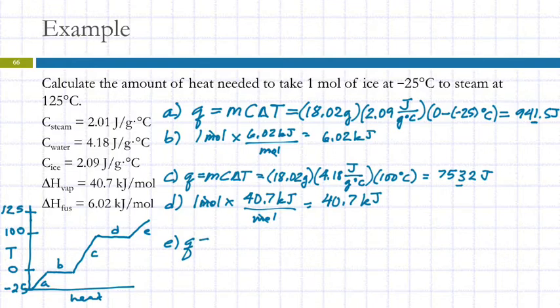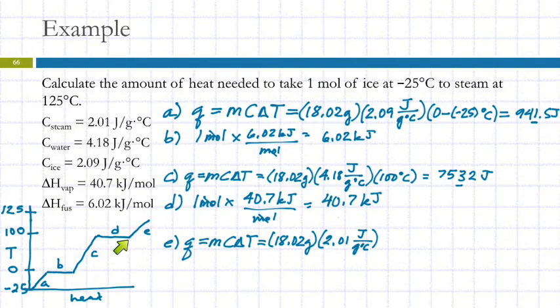So again, Q equals mc delta T. The mass is still the same. Mass doesn't change when you heat stuff up. The volume changes, but the mass doesn't. I need the specific heat capacity of steam, 2.01 joules per gram degrees Celsius. And now the temperature change. I was told in the problem that my final temperature is 125.